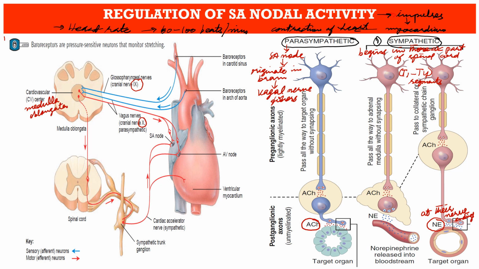Then, if the heart rate is less, the sympathetic discharge increases and it passes from the cardiovascular center to the thoracic segments between T1 to T4.